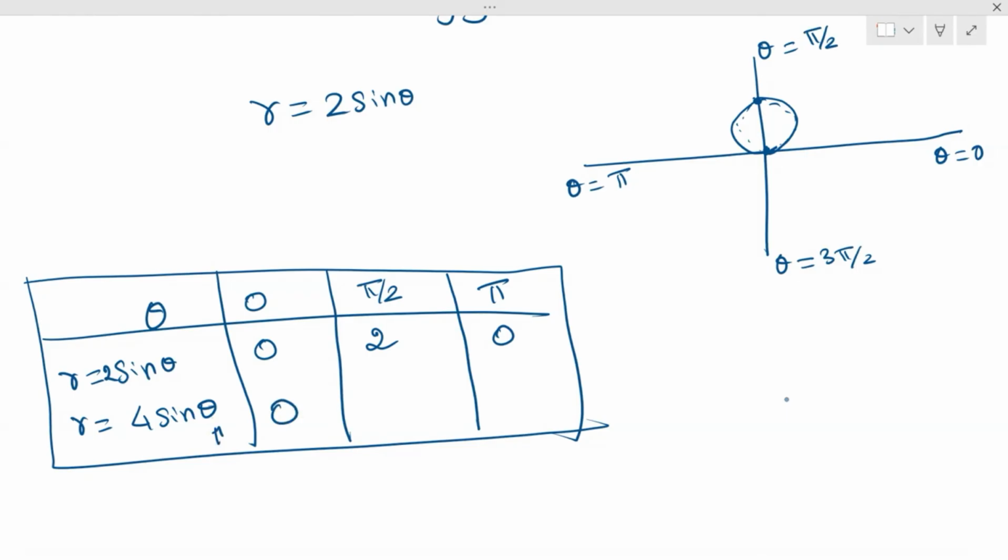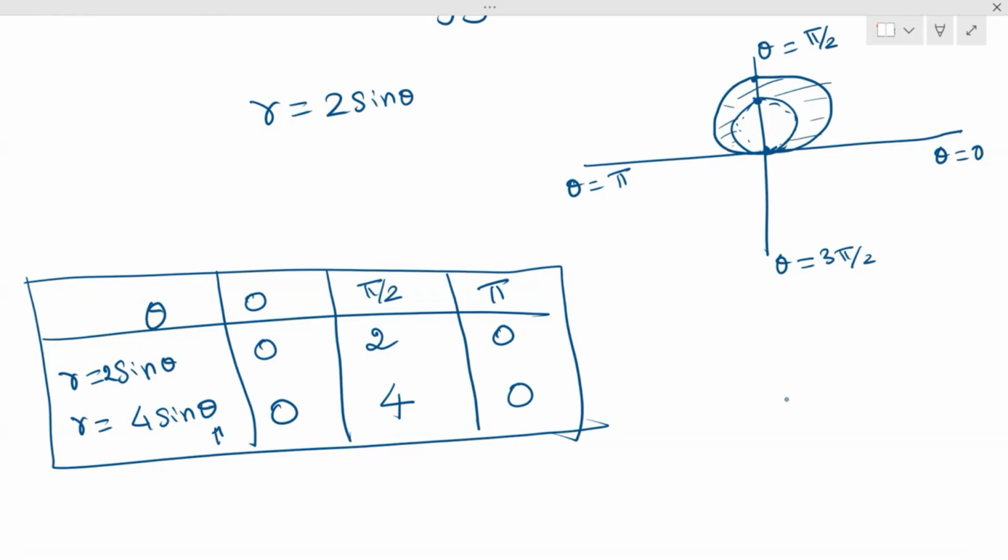Theta is pi by 2 means r value is 4. Theta is pi means r value is 0. So it is also a circle, but here when theta is pi by 2, it is 4, so it is bigger than the previous circle. So this is our region.